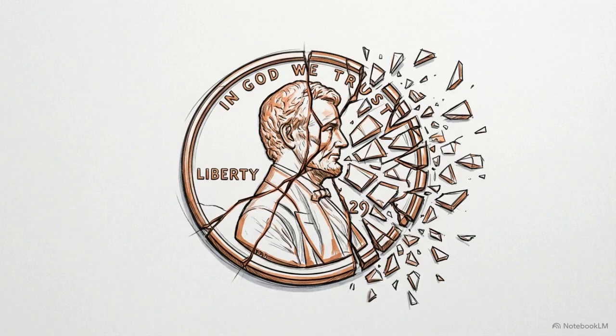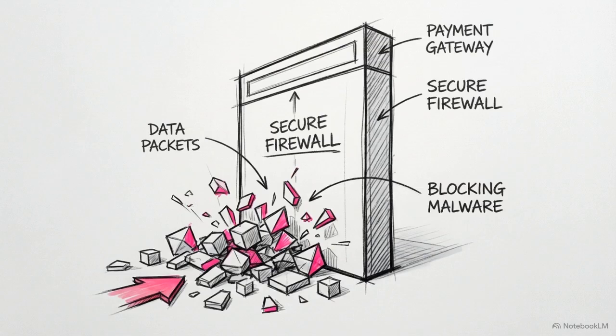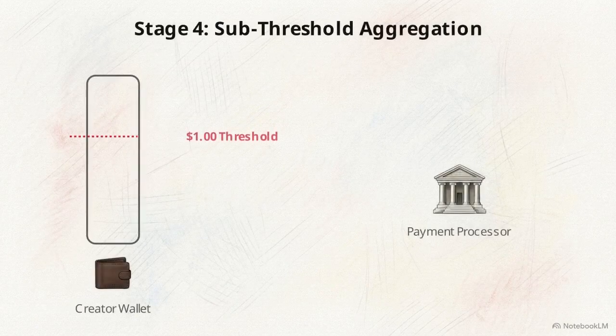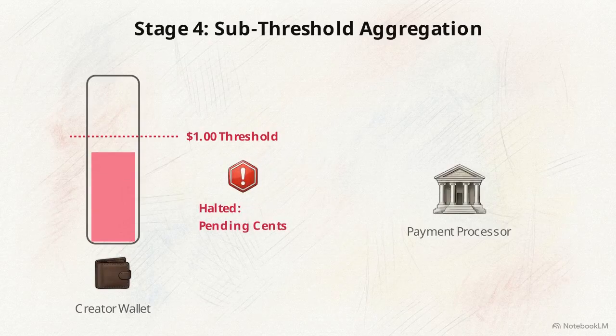Tracking a fraction of a cent is different from actually depositing it into a bank account. Traditional payment processors like Stripe have fixed transaction fees that would instantly consume a micropayment. The fourth stage introduces sub-threshold aggregation, evaluating the creator's balance against a minimum payout threshold. If below $1, the transfer is halted, recording funds as pending cents.